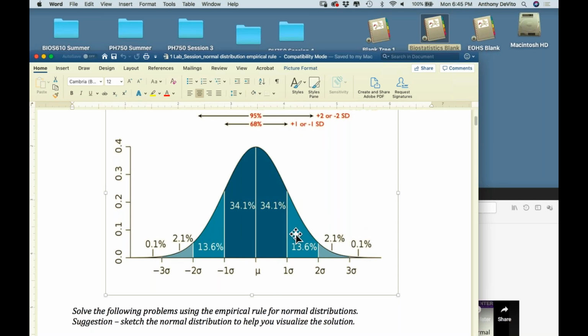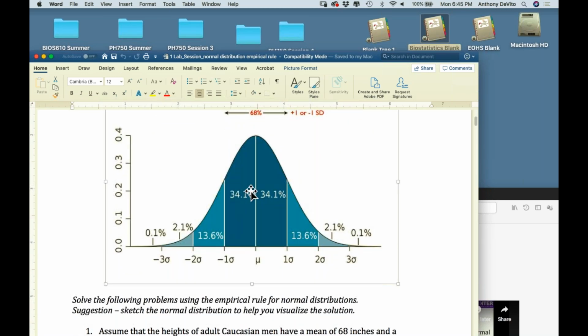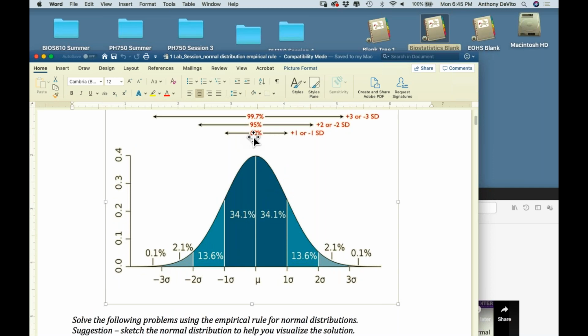These numbers are a little bit more accurate, but they're really basically the same. And then 99.7% is between three standard deviations below and 3 above. So notice that because this is symmetrical, in addition to knowing that 68% of the population, or probability, is between one standard deviation below and one standard deviation above, we also know that half of that 68% is on one side and the other half is on the other side. So this area is going to be 34% of the distribution, or 34% of the probabilities, 34% of the population.